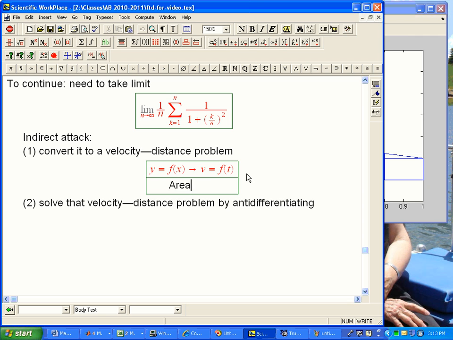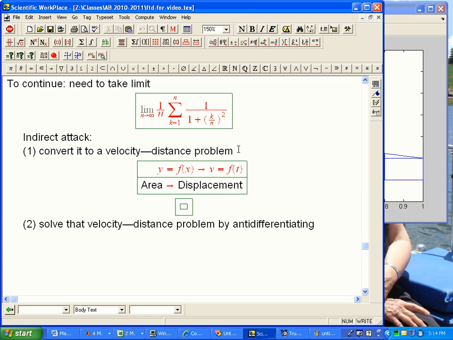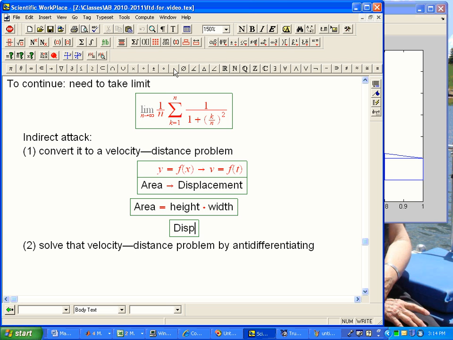And then area gets turned into the displacement. It just comes from the fact that area equals height times width, which is exactly analogous to displacement equals velocity times time.